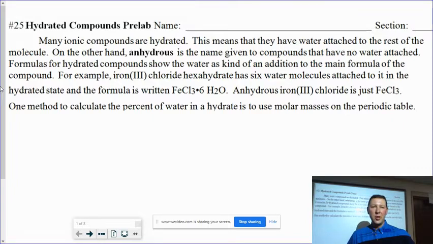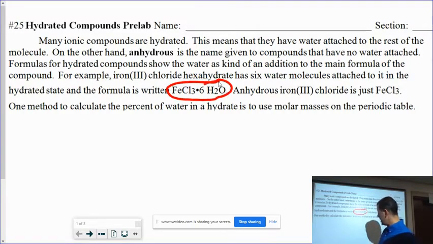There's no water there. Formulas for hydrated compounds show that water is kind of an addition to the main formula of the compound. And what I'm talking about with that is this part right here. That's how we write a hydrated compound. We add the water into it. So for example, iron 3 chloride hexahydrate has 6 water molecules attached to it in the hydrated state.